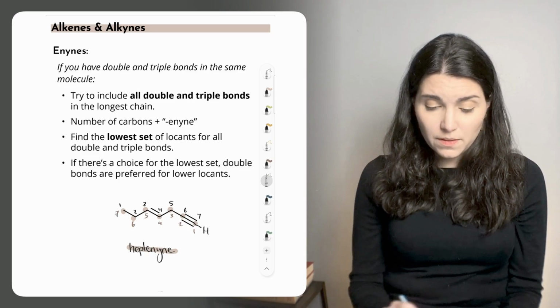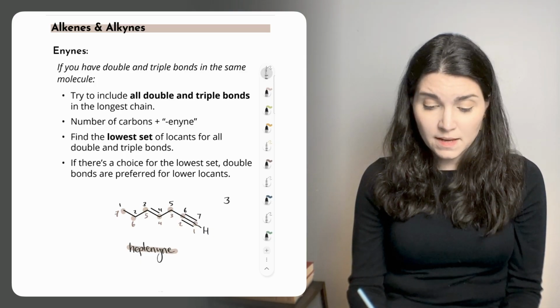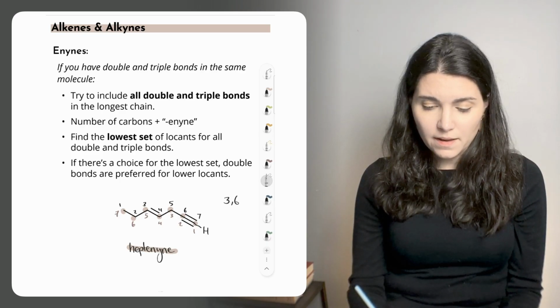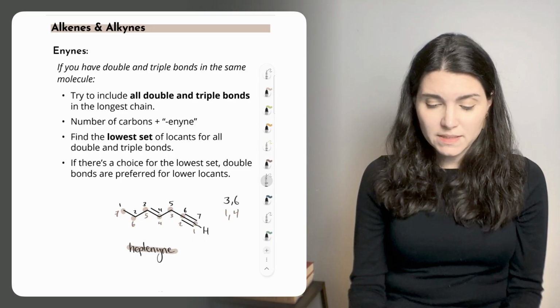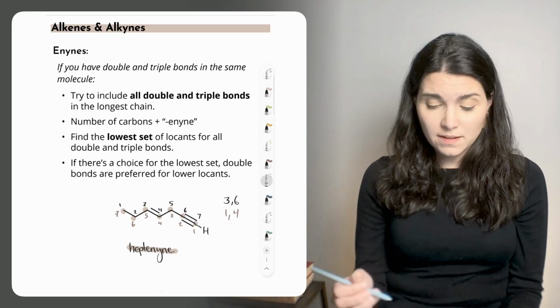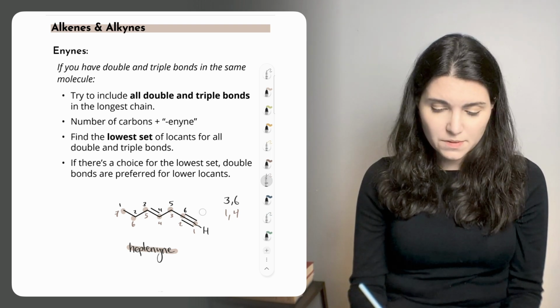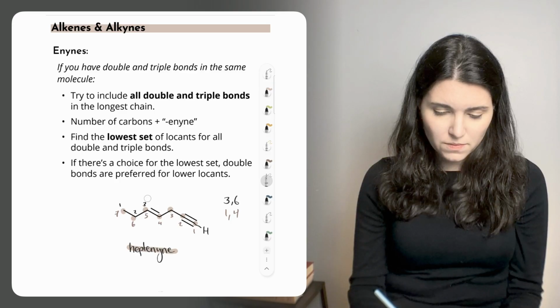So with the black numbering, I have a 3 and a 6. And with the pink numbering, I have a 1 and a 4. So the 1 and the 4 is better. It doesn't matter that the alkyne gets the 1 and the alkene gets the 4. We just care about the lower set of numbers. So I will erase the black ones so as not to confuse us.